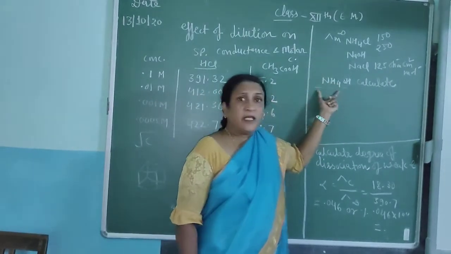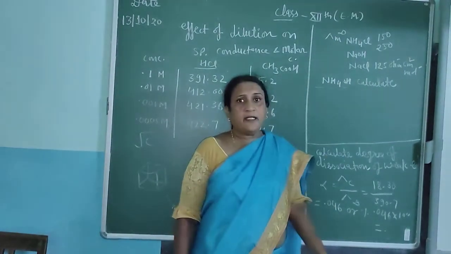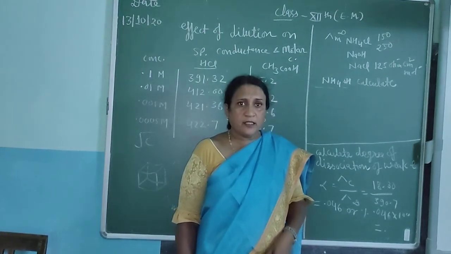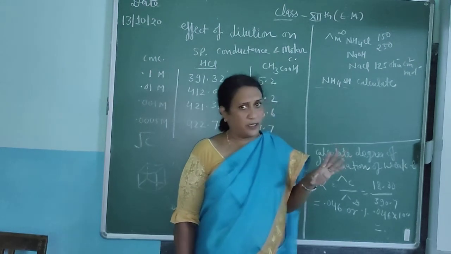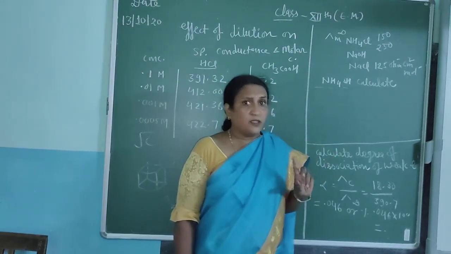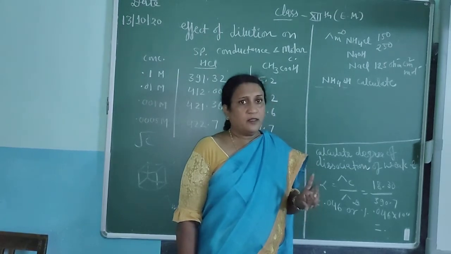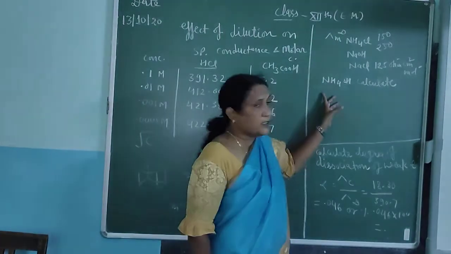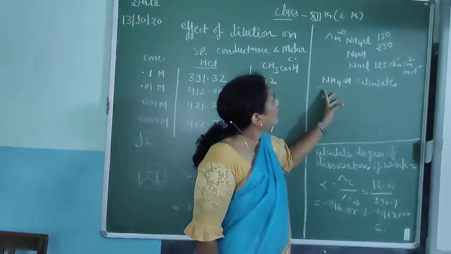The first application is to calculate the molar conductance of a weak electrolyte with the help of conduction of strong electrolytes. You can see the solved problem also. I took this example from the solved examples and you can also see it in the book.